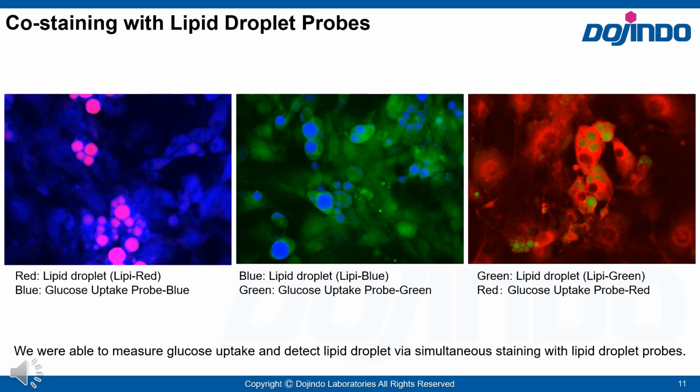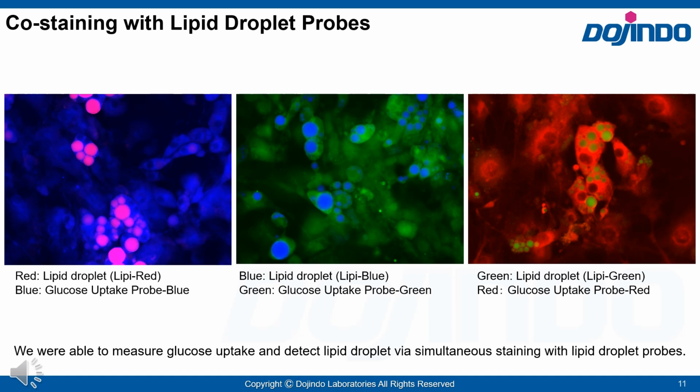According to some research, people who are obese are up to 80 percent more likely to develop type 2 diabetes. Thus, it is important to also observe lipid stimulation and glucose uptake in diabetes research. Knowing this, we tried to detect lipid droplets and glucose uptake simultaneously in a single sample.